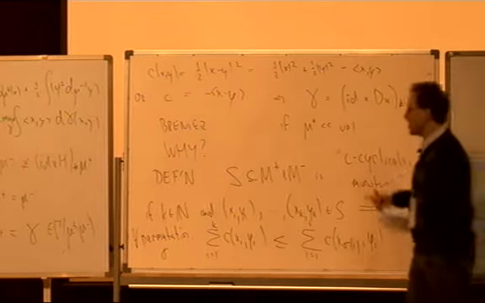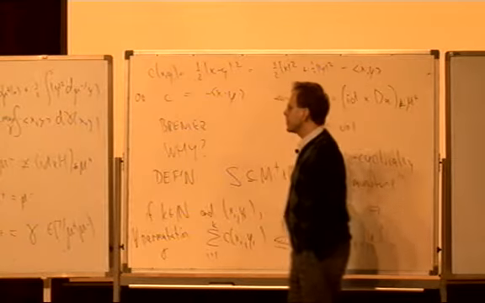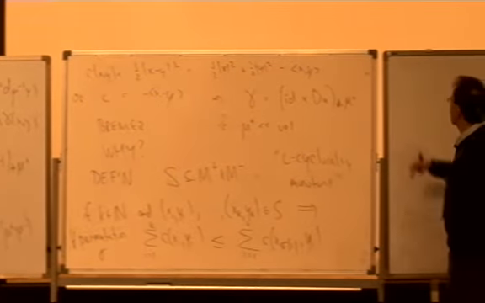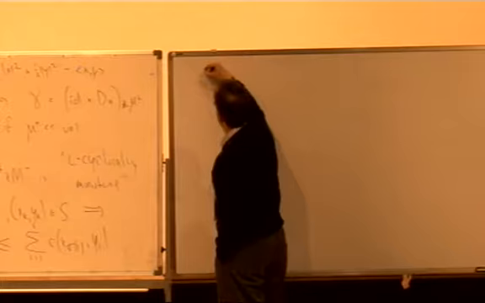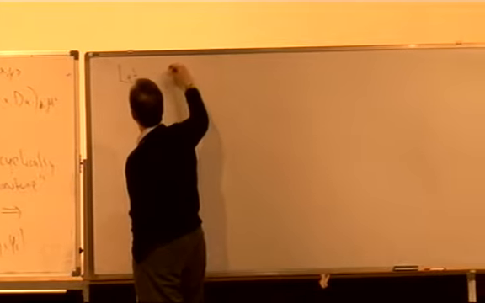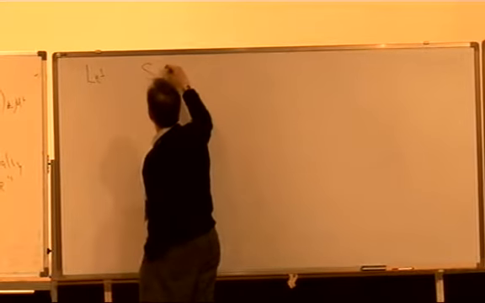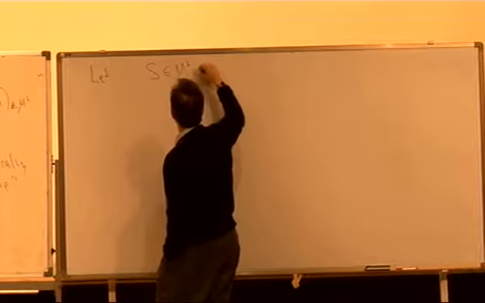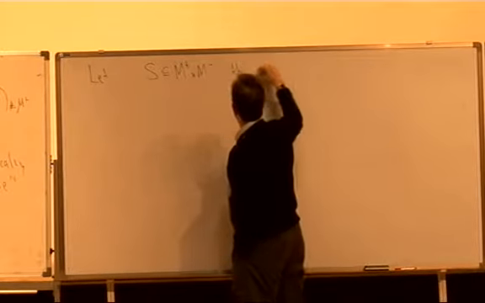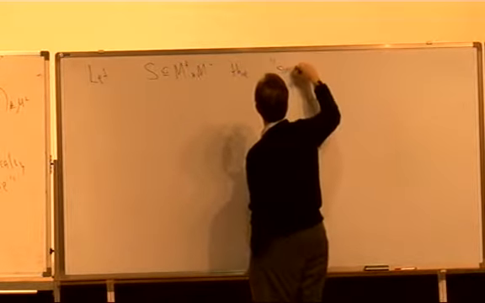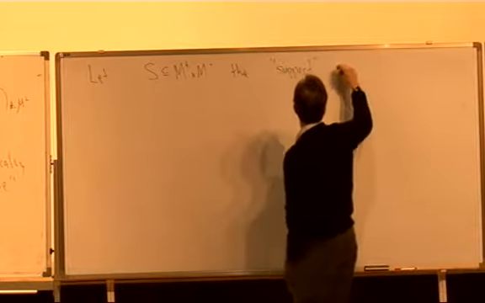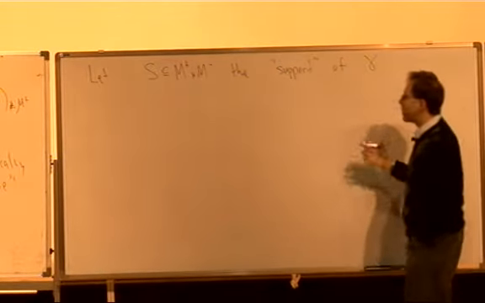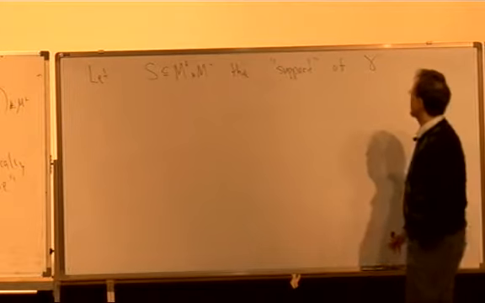So what this notion has to do with the minimizer in that problem is that, recalling that I'll call S the support of gamma, it is the smallest closed set of full mass.